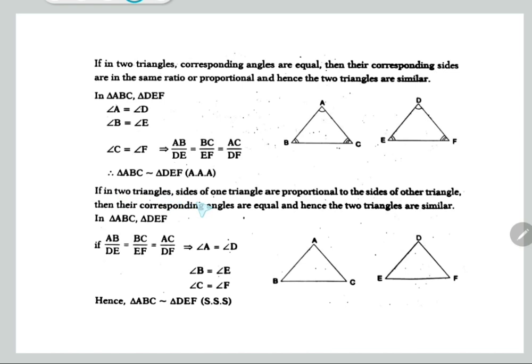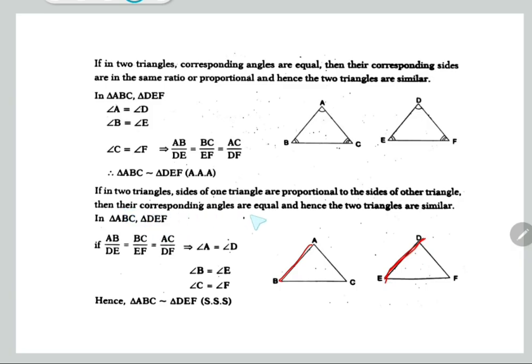If in two triangles, sides of one triangle are proportional to the sides of the other triangle, then their corresponding angles are equal and hence the two triangles are similar. In these two triangles ABC and DEF, sides of one triangle, for example AB and DE, are proportional to the sides of the other triangle.